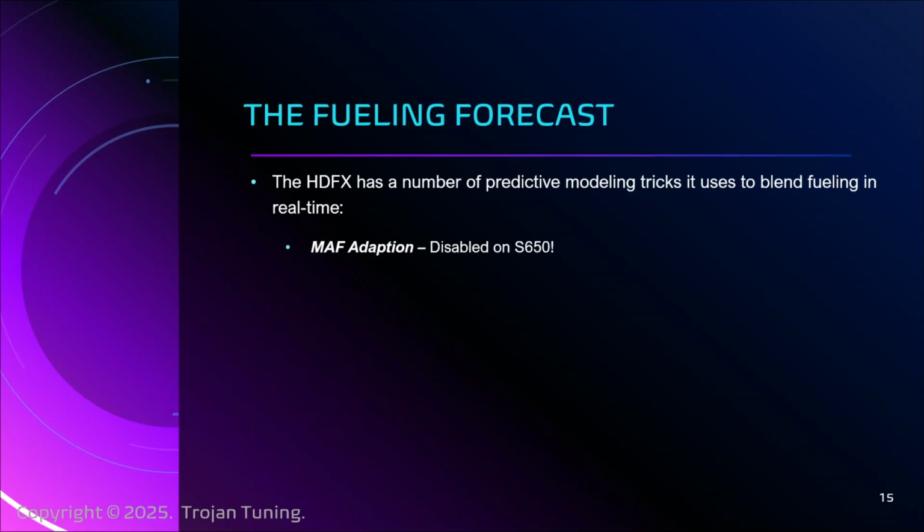But the other thing is, with the fact that the S650 constantly operates in closed loop, even at wide open throttle, being able to use the LTFT and STFT trims essentially in real time, MAF adaptation and the math being performed there, because the ECU is so quick and powerful and calculates so quickly, probably was redundant, and at some point the engineer said, you know what, we're just going to disable it.